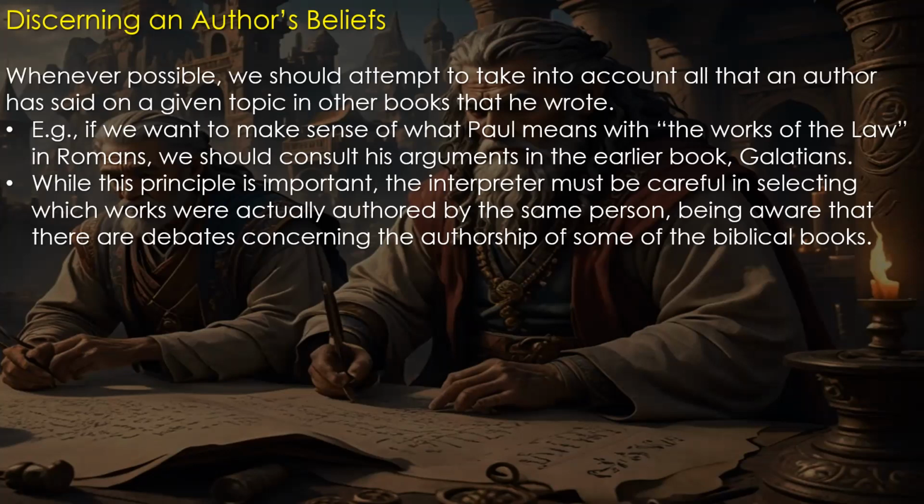Okay. That's a popular belief. That's not the current scholarly consensus. So if you're thinking, what did Moses believe on a particular topic? Although it might be popular to assume, let's just go to Exodus or Genesis, that's not what most scholars think today. So this is why we have to have some care when it comes to this particular rule.